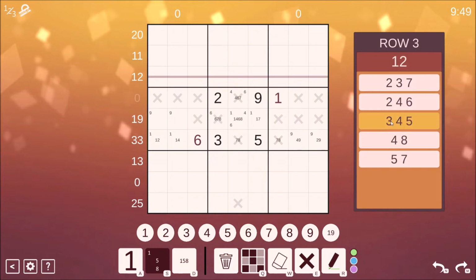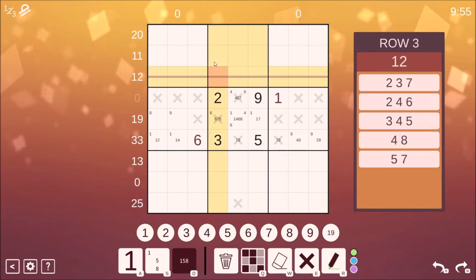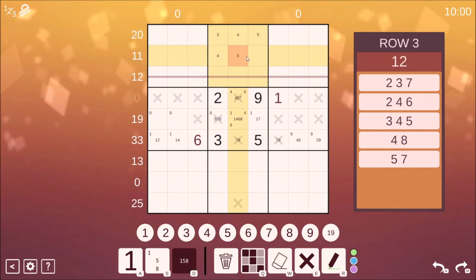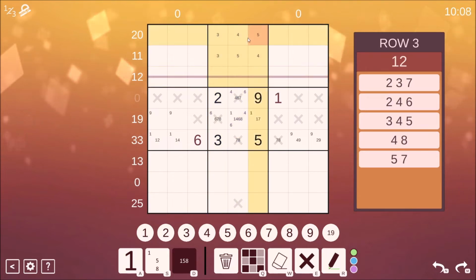And for this 12, we cannot do a 3, 4, or 5 next to each other. So we would either have a 3, 4, 5, a 3, 5, 4, or just no matter how we place them, there's going to be numbers next to each other that aren't allowed. So we can rule that one out.